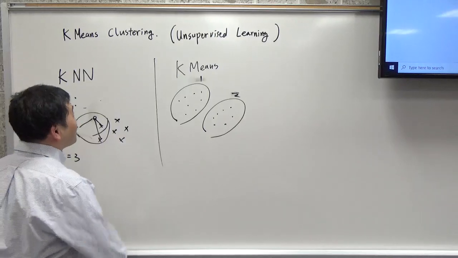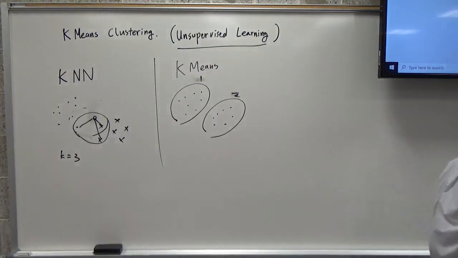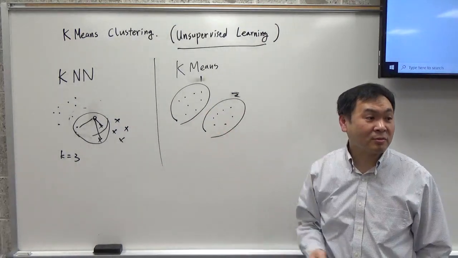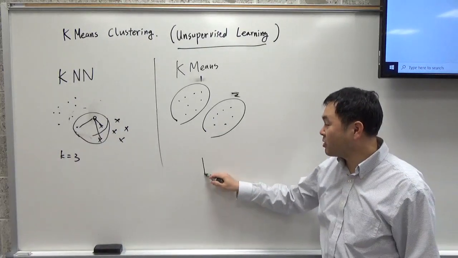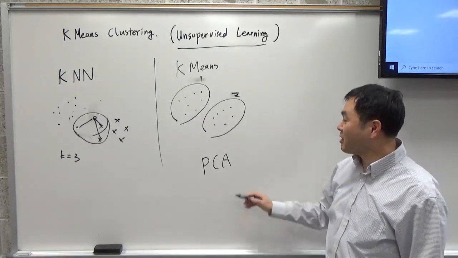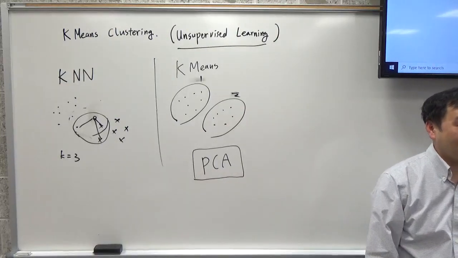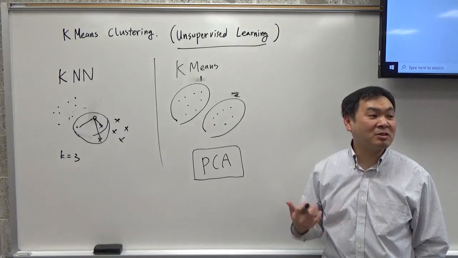So when you say unsupervised learning, I guess there are basically 2 things. One is clustering, just like this. Another one is PCA. We've done PCA, right? So I said we never did any unsupervised one, but PCA is another such thing. When you do PCA, you don't need labeled data.